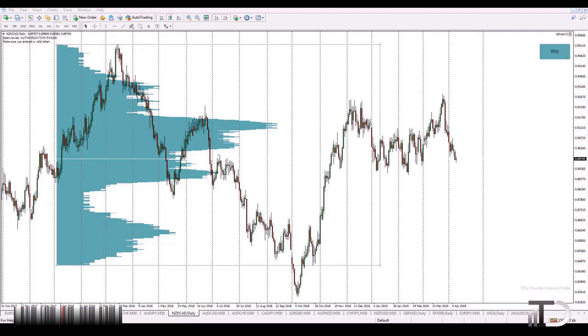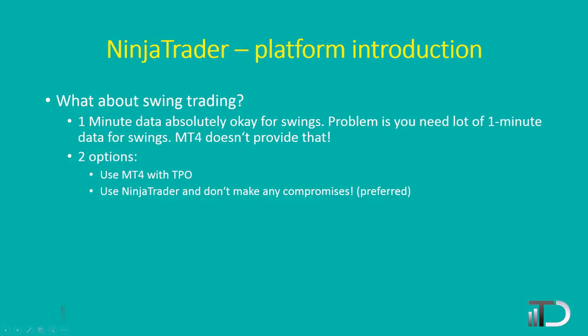But right now, you just need to know that the TPO calculation is not as accurate as if I was using the actual volumes to calculate. So the TPO is a solution to this problem, but it would be much better to use volumes instead of the TPO.